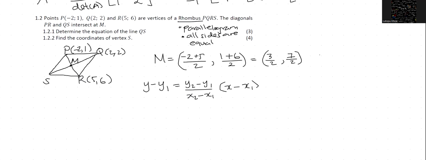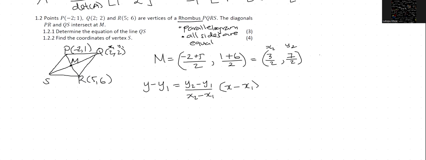So my Q will be x1, y1, and the coordinates of M will be my x2, y2, and then I'm just going to substitute.